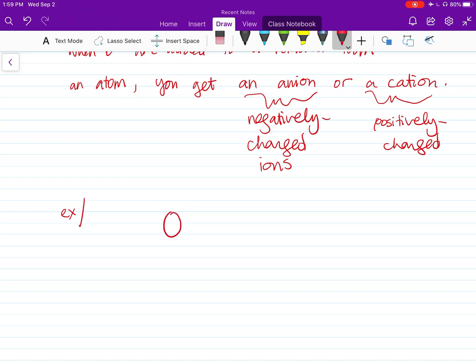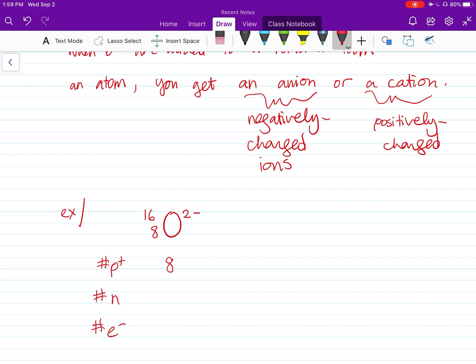Oxygen can easily gain 2 electrons to make the O2 minus anion. Now, oxygen is number 8 on the periodic table, and it has an atomic mass of 16. So can you tell me how many protons, how many neutrons, and how many electrons are in this ion of oxygen? Well, we can use the same tools we had from before. The number of protons for oxygen is always going to be 8 because that's its atomic number, the bottom number.